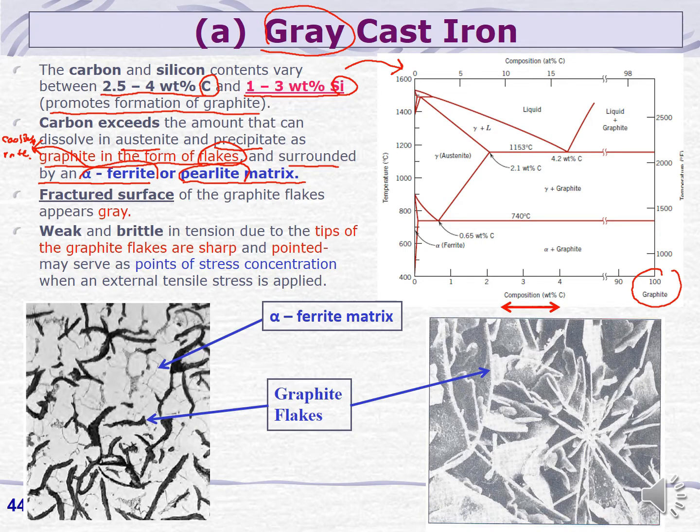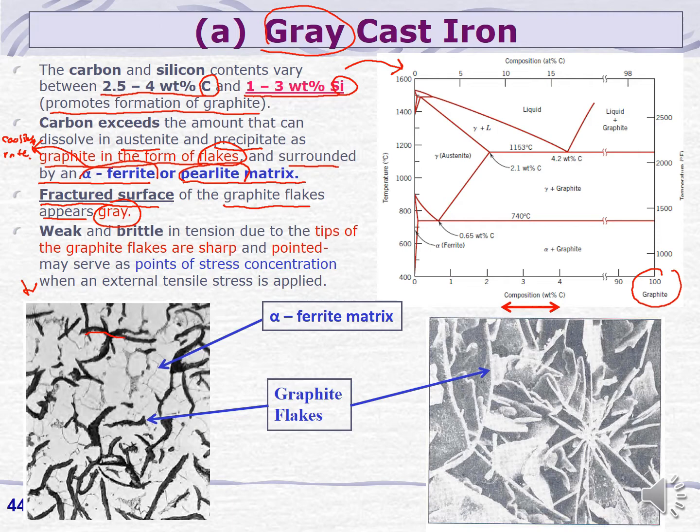Why is it called grey cast iron? Because the fracture surface of the graphite flakes appears grey. That's why we call it grey cast iron. Here you can see the microstructure of the grey cast iron. The graphite is in the form of flakes.